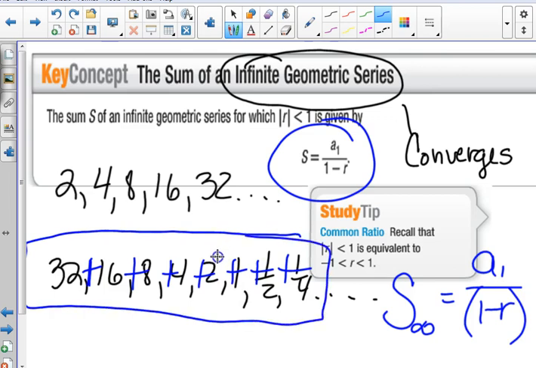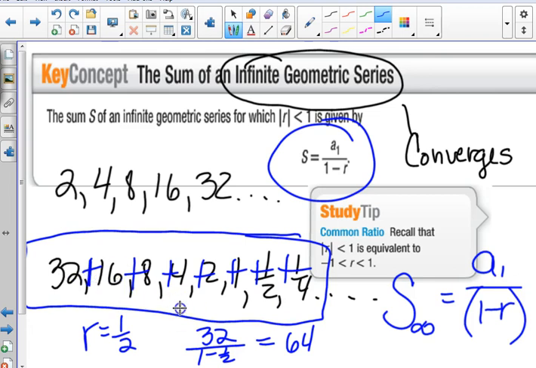Because r is less than 1, right? So r is 1/2. So I'd have 32 over 1 minus 1/2 is 64. Everybody knows that 32 divided by 1/2 is not 16, right? 32 divided by 1/2 is 64. We okay? Yeah. All right.